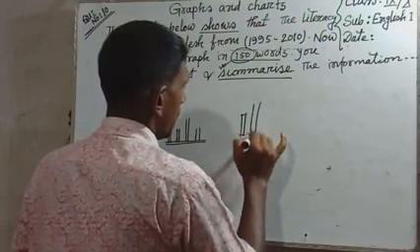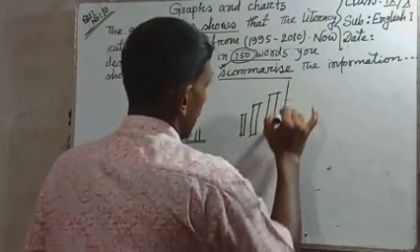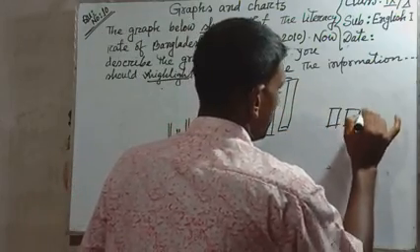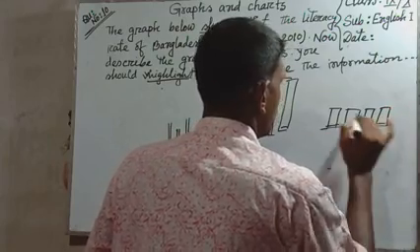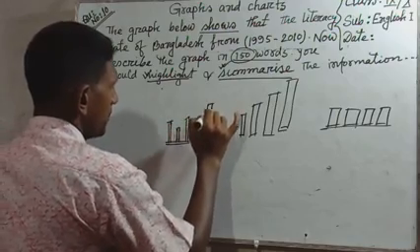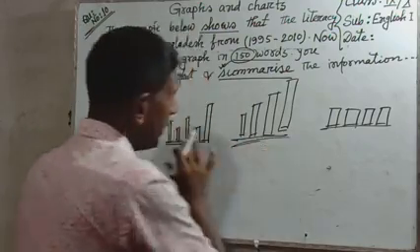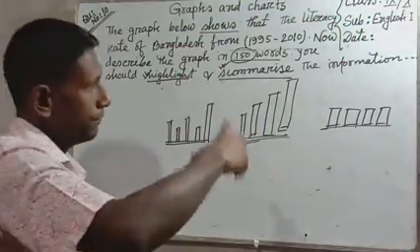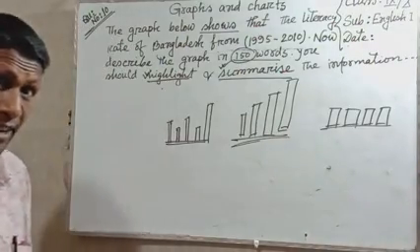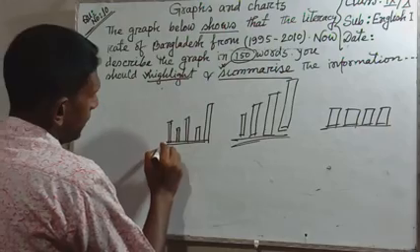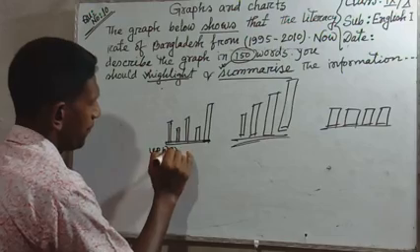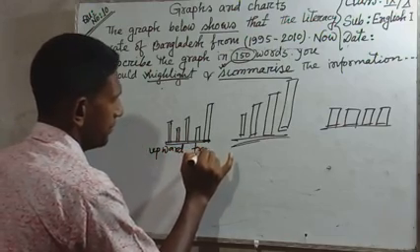Look at the blackboard carefully. Can you guess what kind of thing it is? So dear students, in this way you can see a bar graph. At first you think that this is called an upward trend.